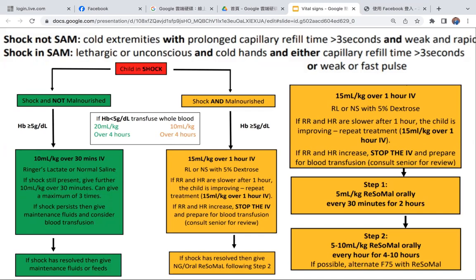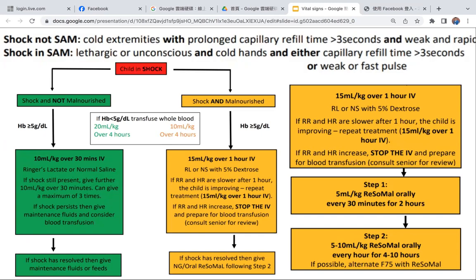The management of shock in children depends on whether the patient is malnourished or not. So in the pediatric ward, it's important to screen every patient for malnutrition.